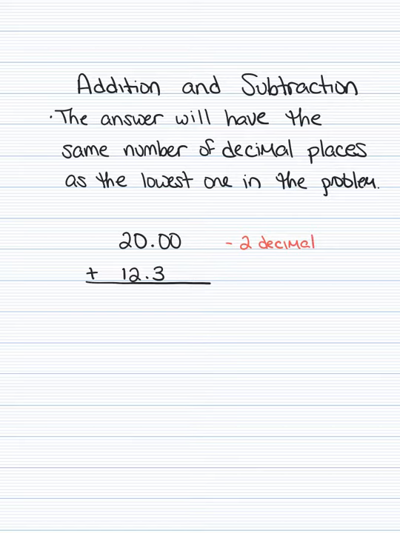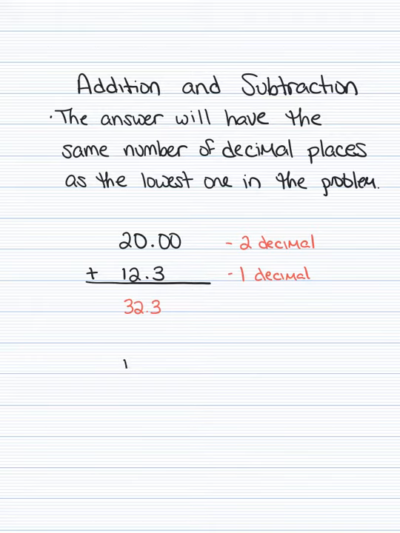The number 12.3 has 1 decimal place. So I know that my final answer will also need to have 1 decimal place. So it would be 32.3.